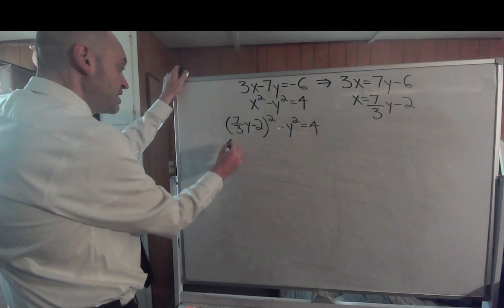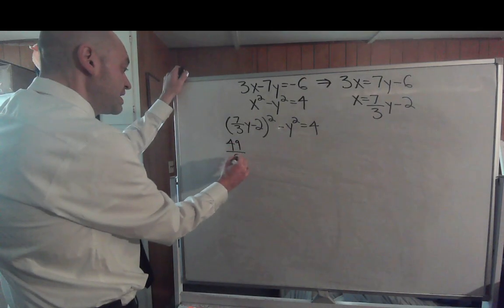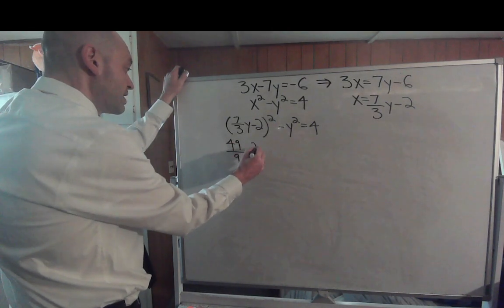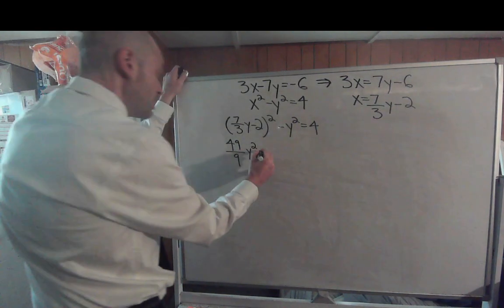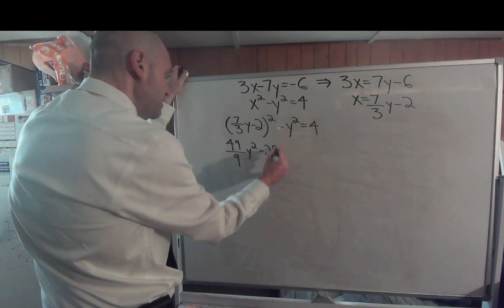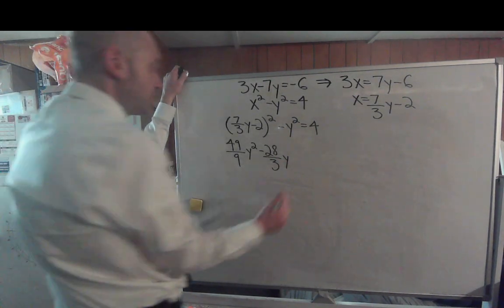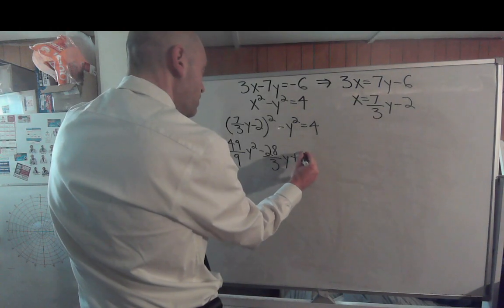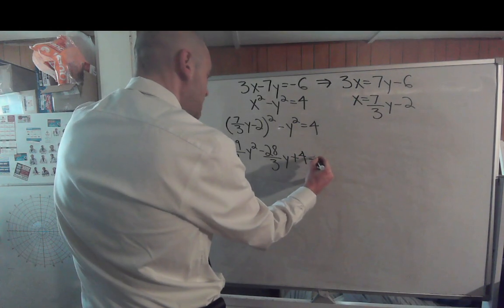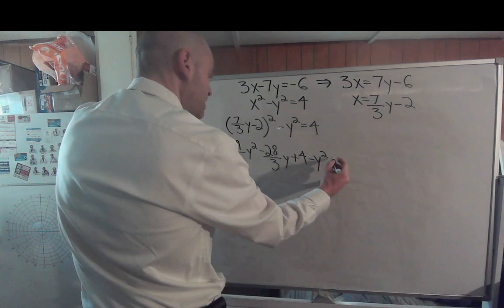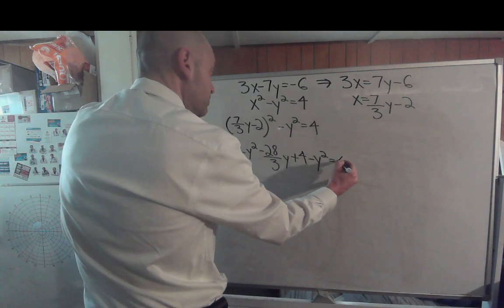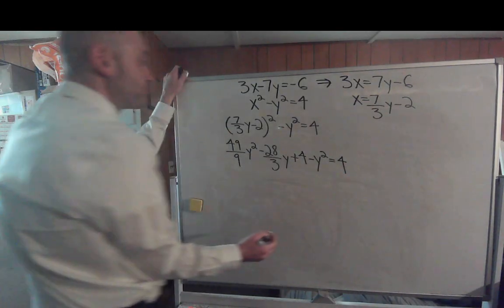So this would be 49/9 y squared minus 28/3 y plus 4 minus y squared is equal to 4.